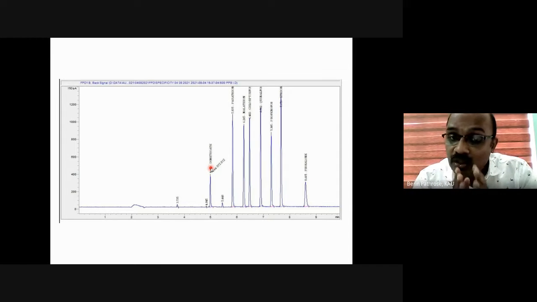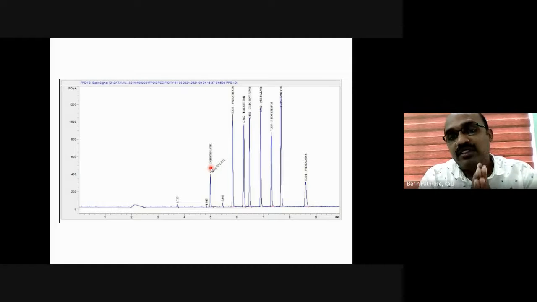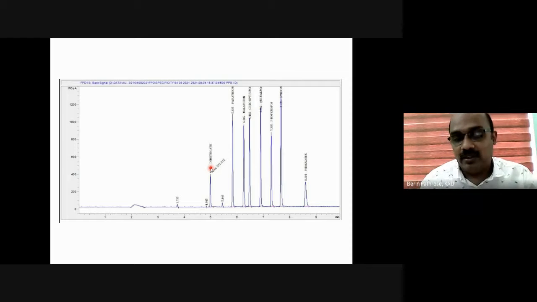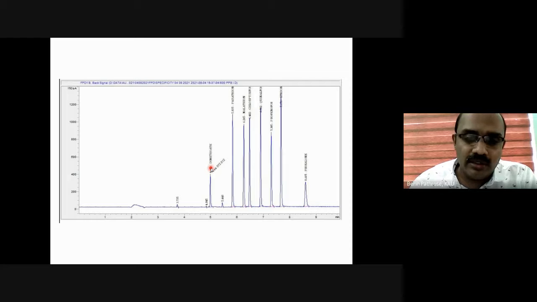That happens only when the analytical parameters of the instrument remain the same, because instrument parameters can vary with each and every lab. If we vary these even slightly, then it will change. I will give an example. I told you the capillary column has a length of 30 meters.